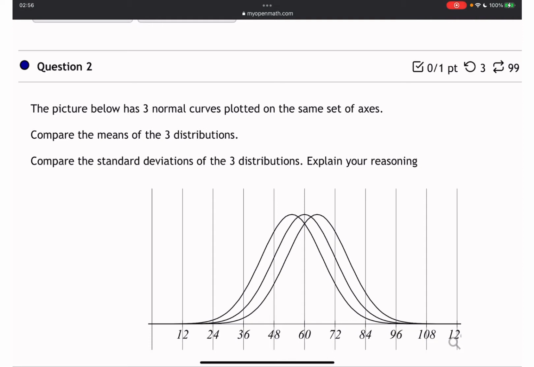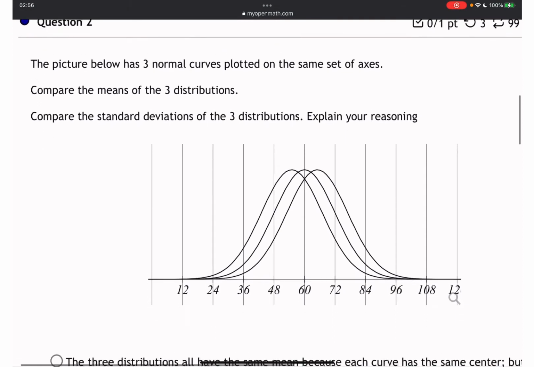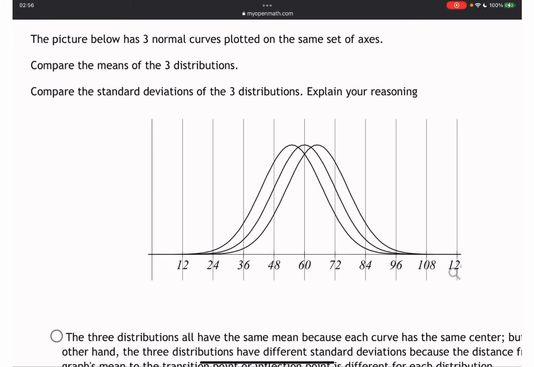All right, so we have three normal curves and we need to compare these three curves. What does that mean? What are we going to have here? As we can see, the mean is not the same, right?